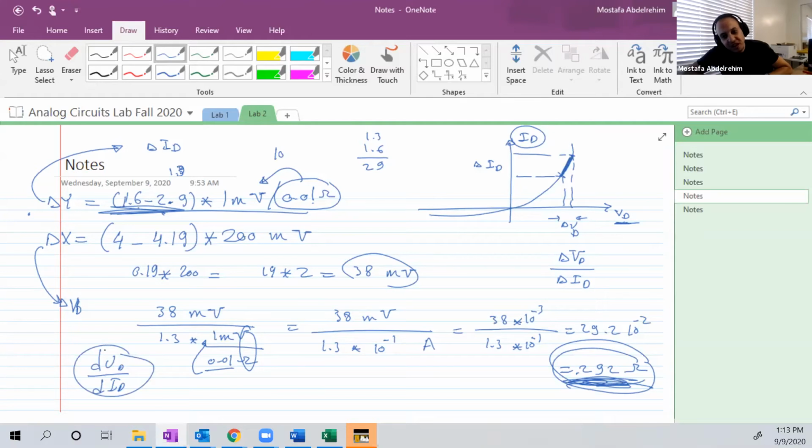So what we do instead: in our applications we know, for example, that we're going to work between 1 milliamp and 10 milliamps.